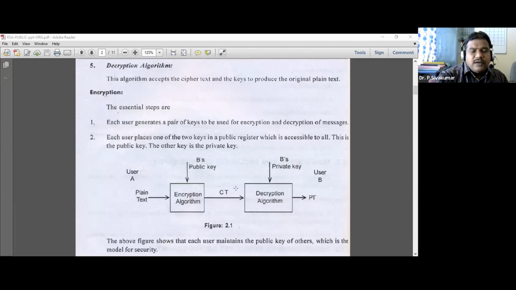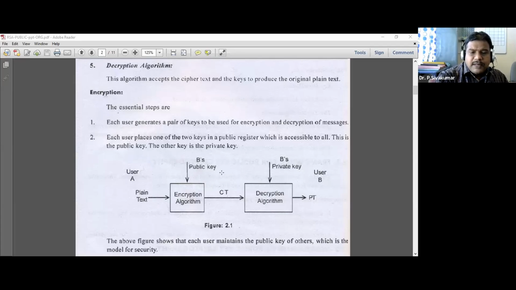So this is what happens in public key cryptography. In public key cryptography, normally the encryption algorithm uses the recipient's public key, and the decryption algorithm uses the recipient's private key.